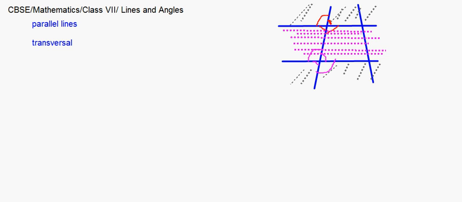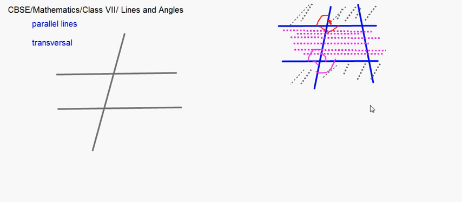Now, what types of angles are formed when a transversal intersects? One is alternate angles, the other is corresponding. They are co-interior angles as well. Let me just draw a figure again, so that we learn about the alternate and the corresponding angles. I have drawn the transversal.